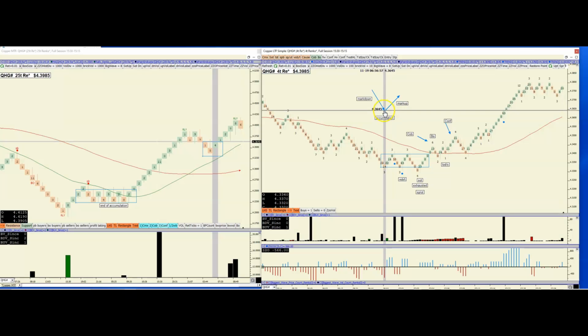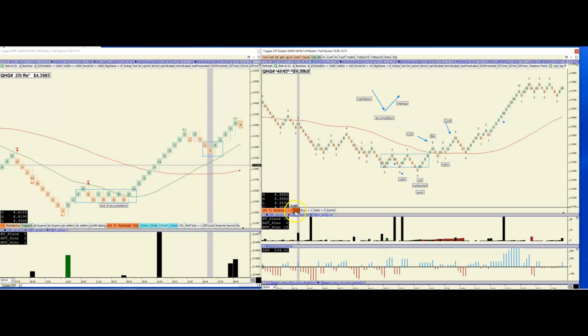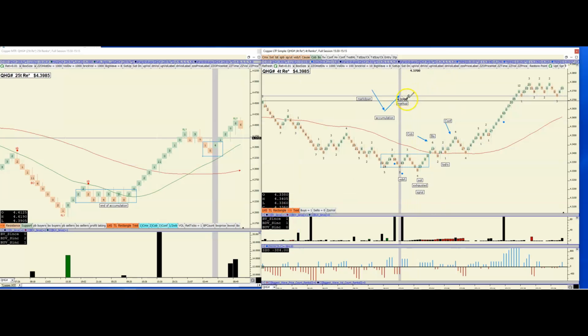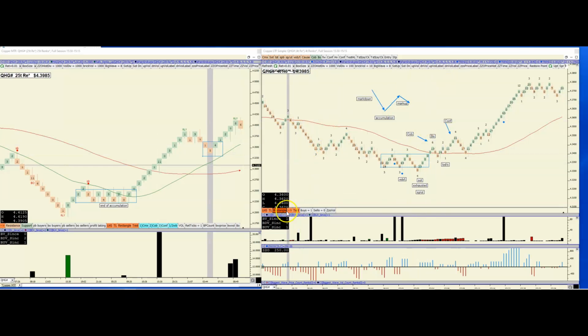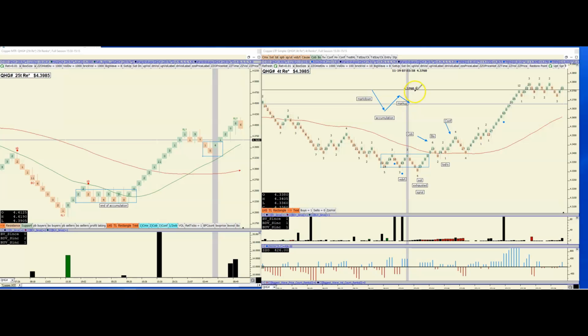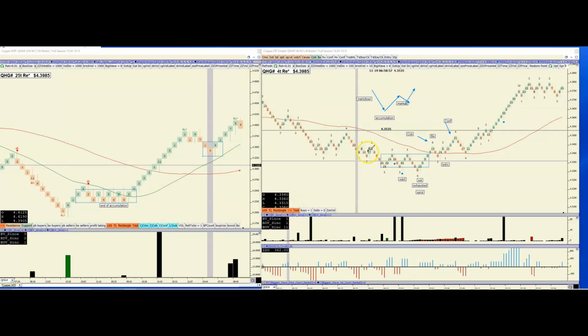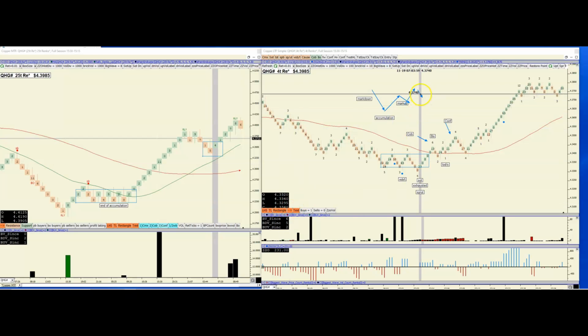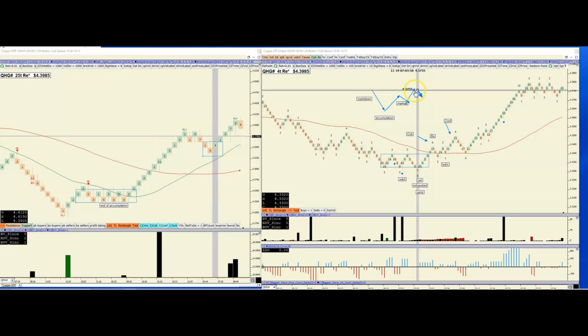Accumulation happens right at this pivot, right in there. And the market continues to do this: accumulation and distribution, right?